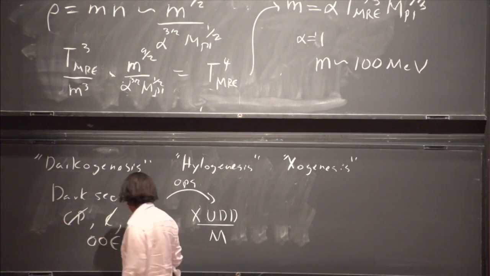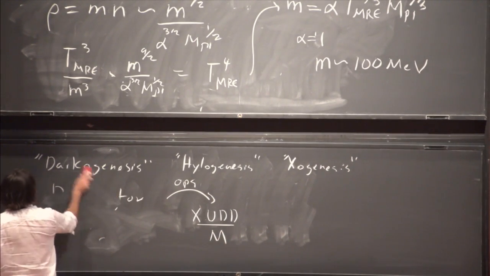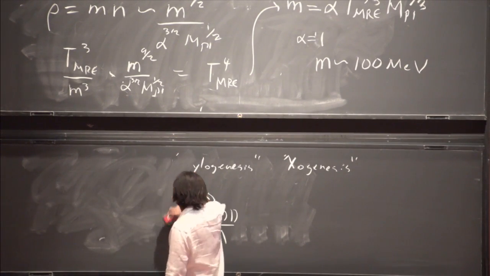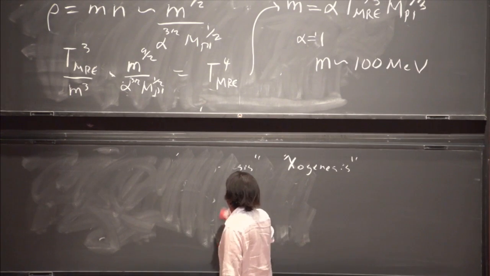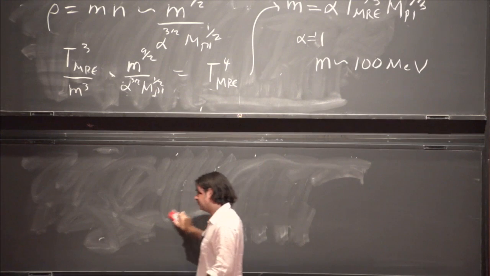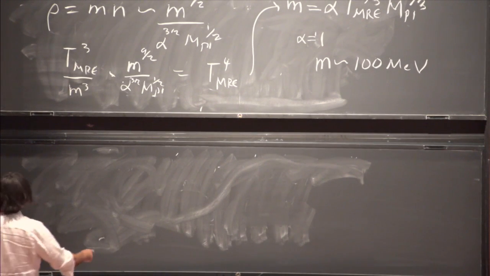So this is a very interesting scale because of that. Other people would say that the beryllium excess, pointing to something around 17 MeV, also is sort of pointing to the same energy scale. So possibly there's something to that. Next. Yep.